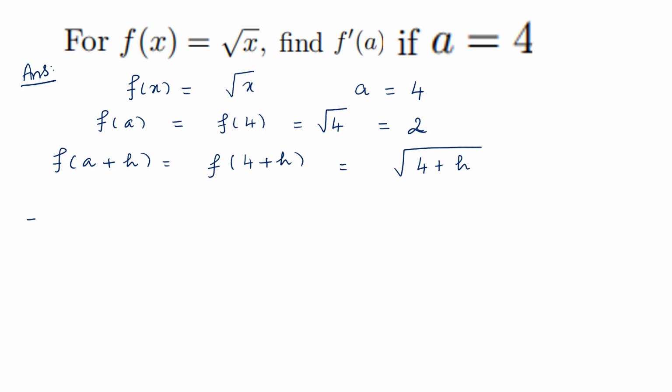Now we can find out f(a plus h) minus f(a) equal to square root of 4 plus h, f(a) equal to 2.